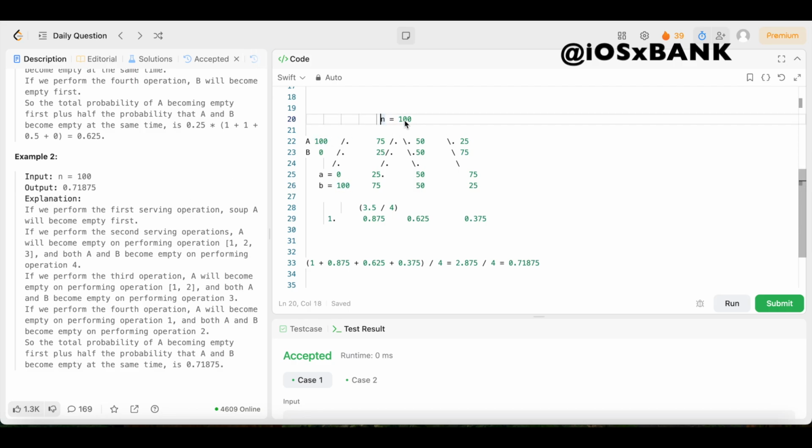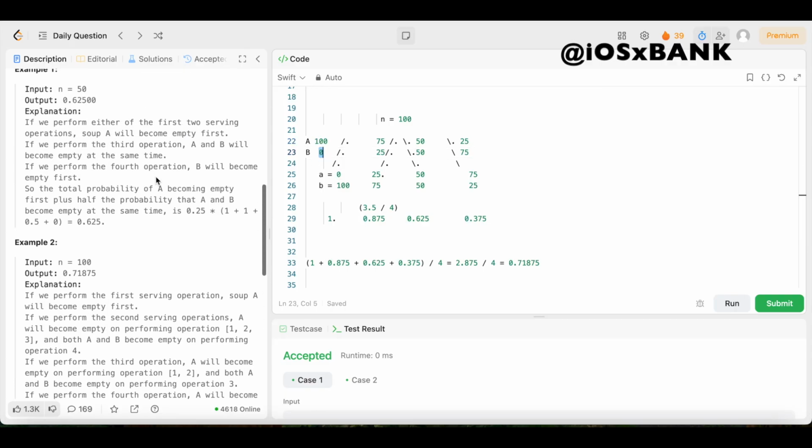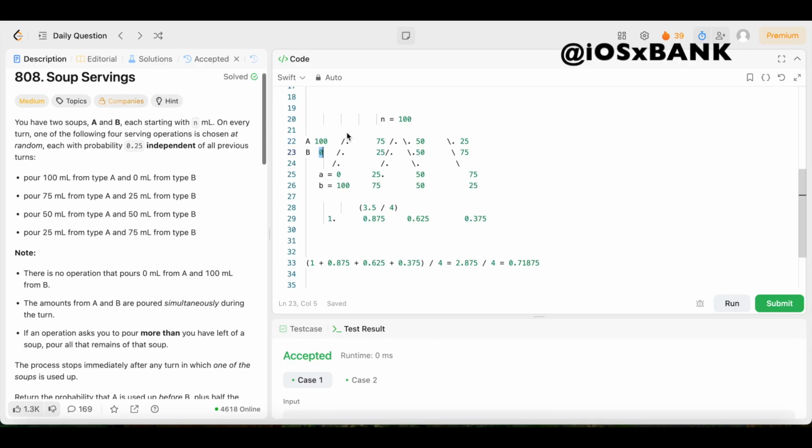So we have our input n that equals 100, right? Once again, these are the serving operations of A and B. So once again, we pour out 100 from A. We're starting at 100, so we pour out 100 from A. A becomes 0, that means A is empty.